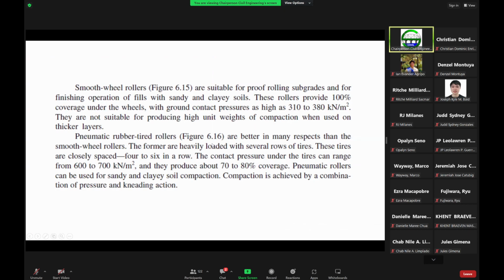So this pneumatic roller can be used for both sandy and clay soil compaction, so the compaction is achieved by a combination of pressure and kneading action.